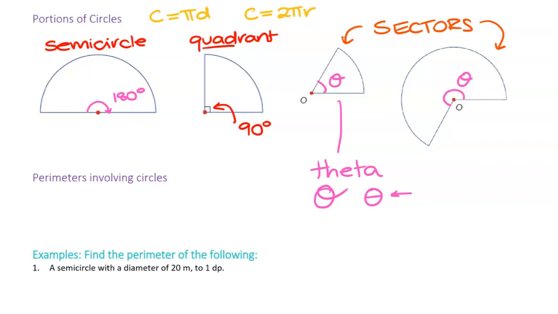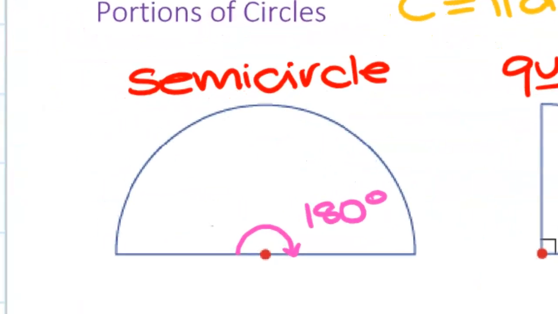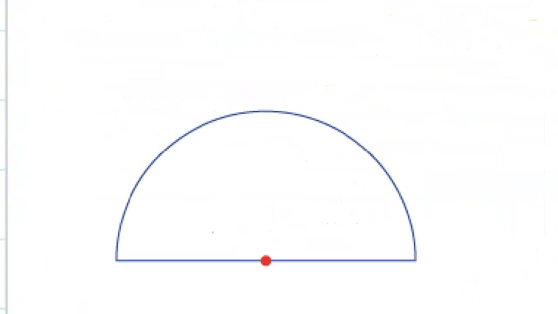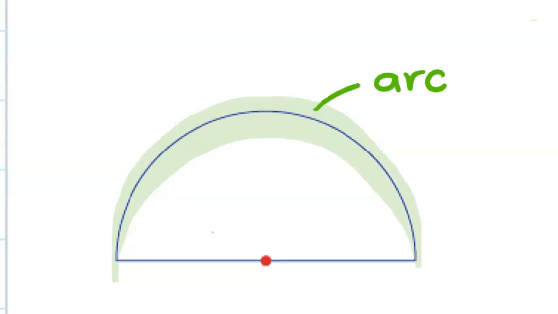If we were to find the perimeter of a portion of a circle, we need to do 2 parts. So let's look at this semicircle just for a moment. If I wanted to find the perimeter of this shape, there's really 2 sections to this shape. There's this outside curved portion, and when we have a portion of a total circle, this is known as an arc.